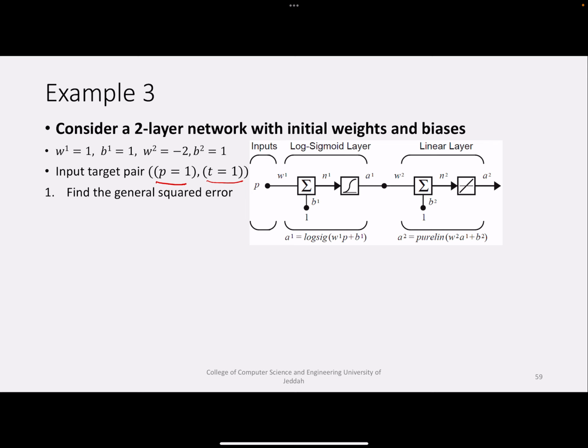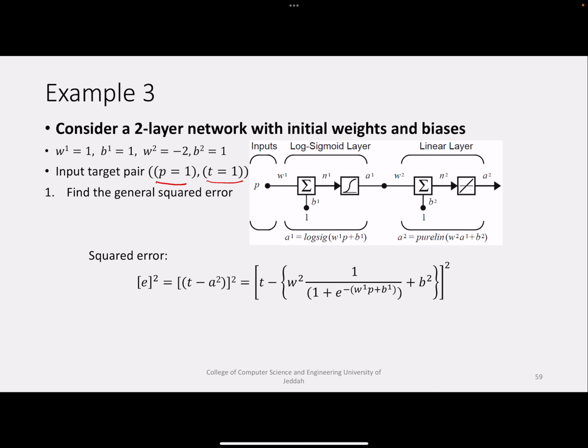And the way to proceed here is find the squared error, and the squared error is t minus a2, squared. But this is, of course, the architecture of the neural network. So t minus a is just equal to all of this. Quite complex, I know.